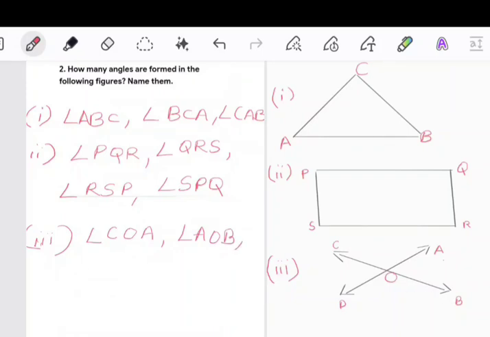Next, angle BOD. The next angle, DOC. Clear? So, one more time: COA, AOB, BOD, and DOC. Okay? Clear?